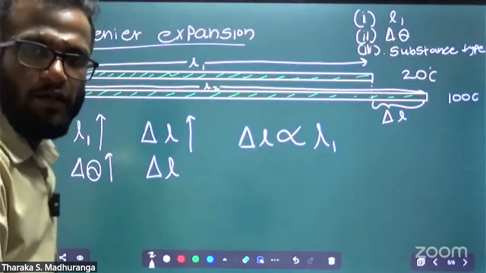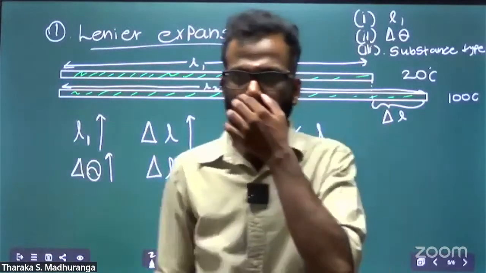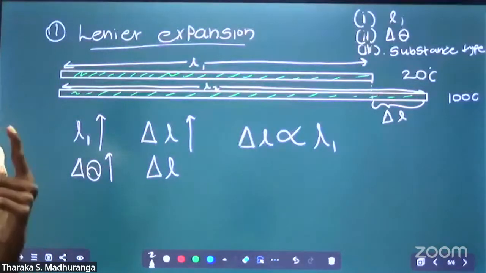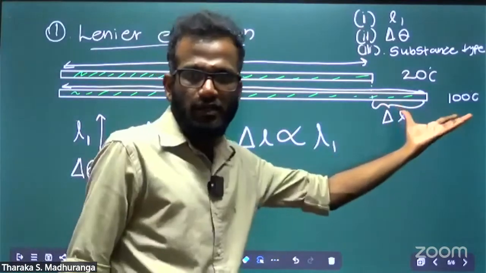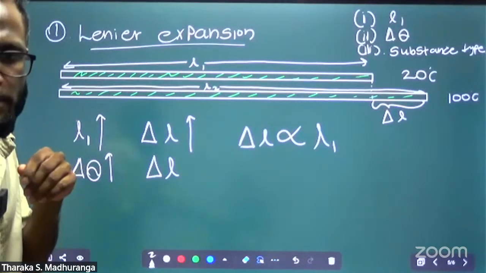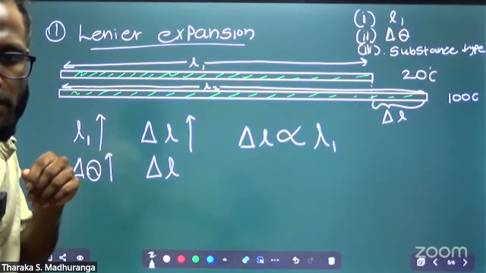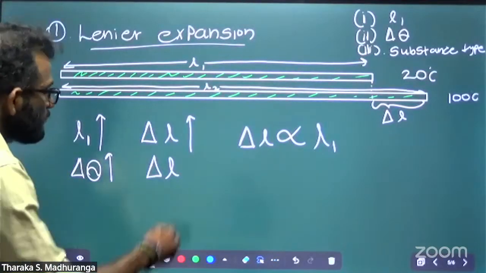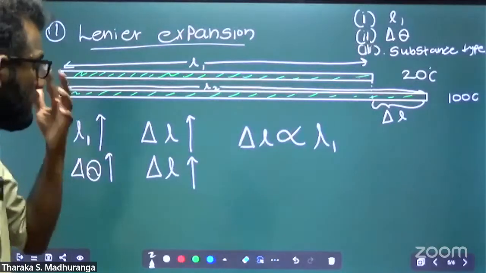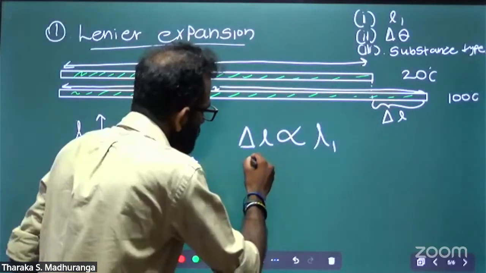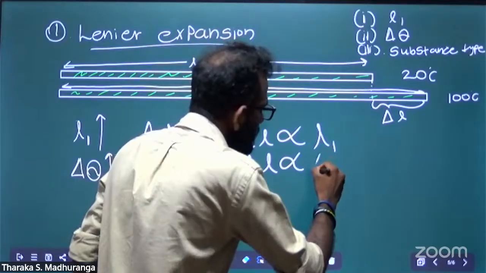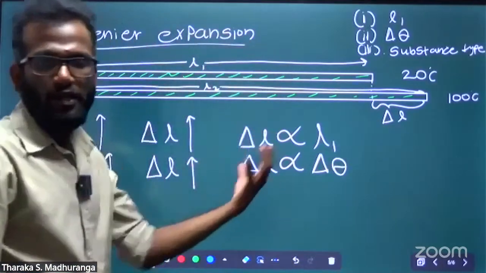Very good, it's also increasing. When delta theta increases, the delta L, the linear expansion, increases. Therefore, we can say delta L is also directly proportional to delta theta.